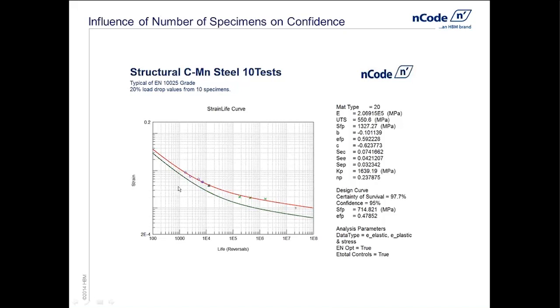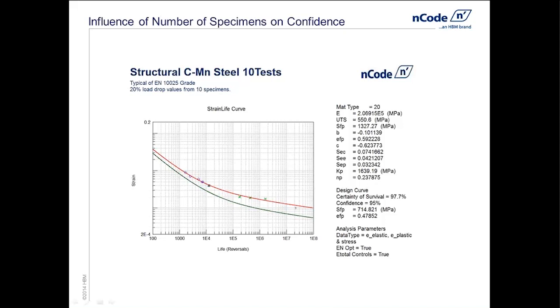And that is not only a factor of the amount of scatter in our test data, but also how many tests we had. The more tests, the more confidence we have in our data, and the stronger that curve can be. In this particular plot, we're looking at a certainty of survival of 97%, which is basically a 2 standard deviation shift down on the curve, and a confidence level of 95%.